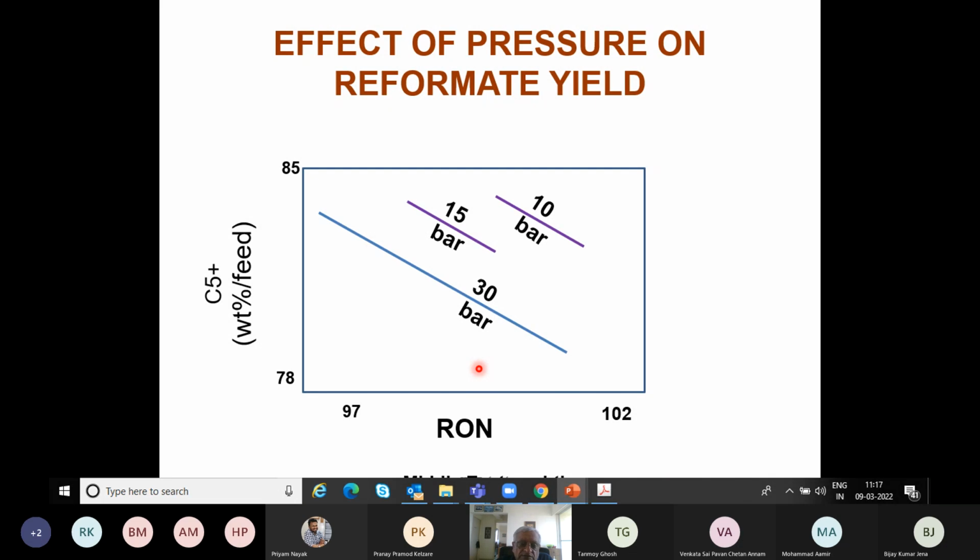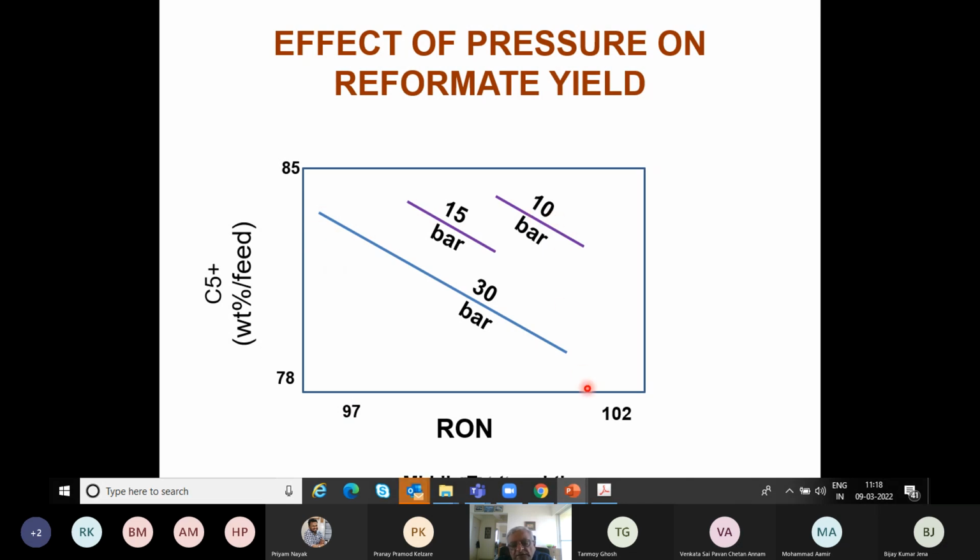So with new technologies, which I'm going to talk about now, like the continuous catalyst regeneration technology, since we are regenerating the catalyst continuously, we can afford to go down on pressure. So you can see that when you go down on pressure, the yields go up, or for the same yield, the octane goes up. If you're looking at almost 80% yield, for 30 bar the octane is less, for 10 bar the octane goes up.